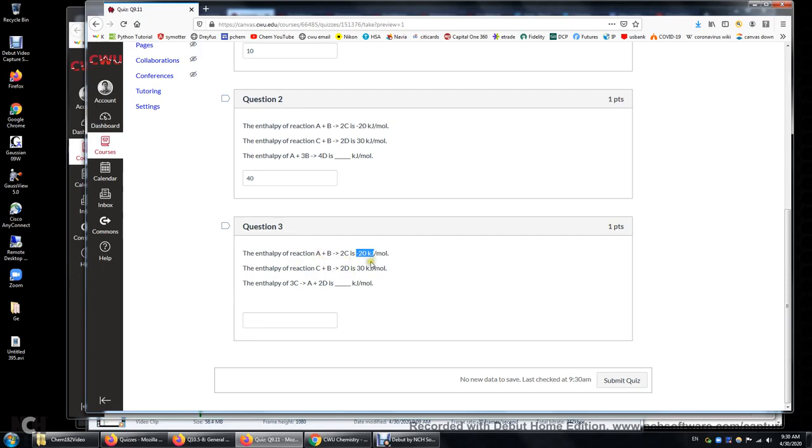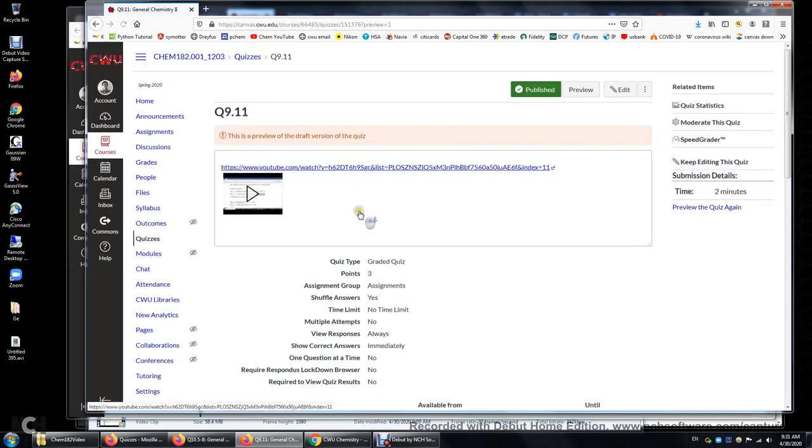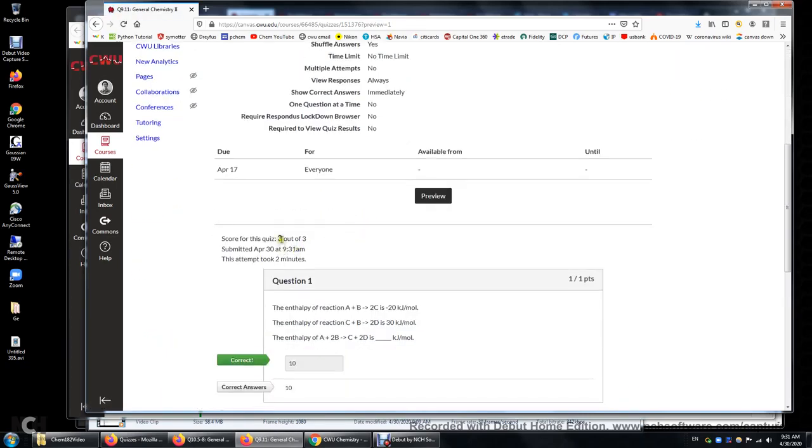On the right-hand side, we have A plus B and 2D. The B on the left-hand side cancels the B on the right-hand side. So really we just need to reverse this and then do an addition. Plus 20 plus 30, you get 50. All right, so submit. It's a lot of math regarding chemical reactions. Okay, 3 out of 3, so it's all correct.